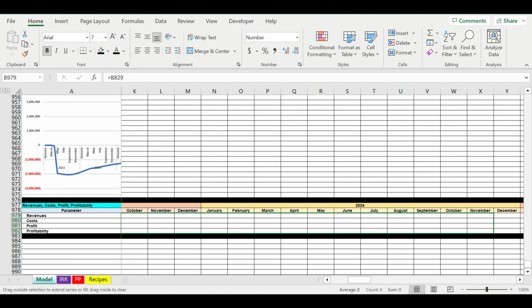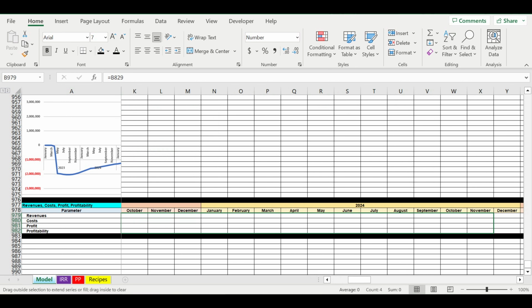So now, for example, we can quickly create new scenarios. For example, we would like to take 90% of current pricing. We can go back. So here we can see the level of profitability. Now we can go back. Let's take, for example, 95% of base revenues.